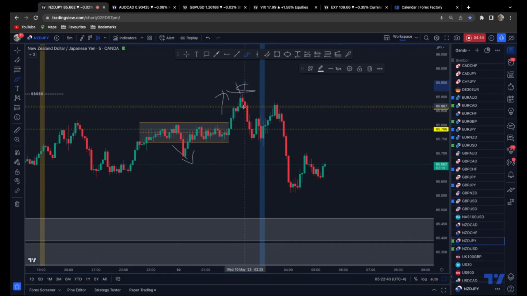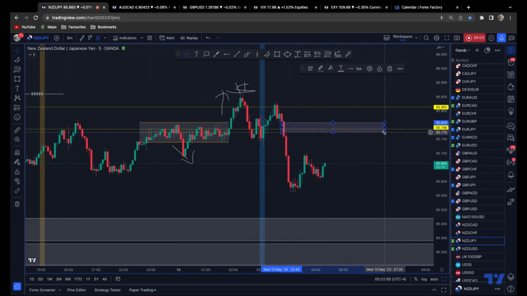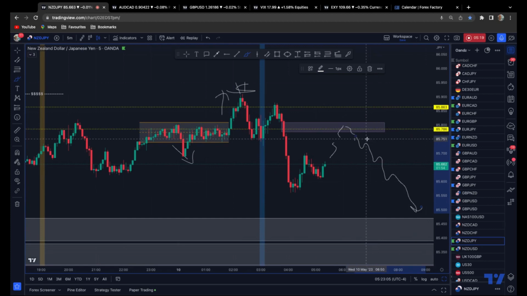We've got a touch up in here, but what we do have is this imbalance. So I'm looking for this to trade back up, fill this gap, and rotate here. And then if the trend sets up, as we see lower highs, lower lows forming up in here, that could be the opportunity.